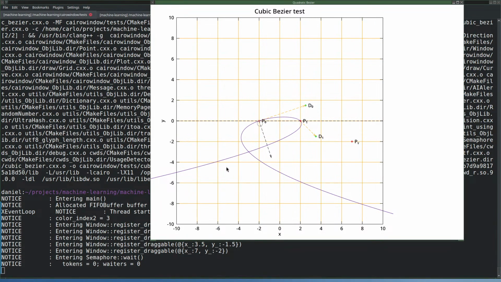Well, it looks like a very small circle. I would have expected something much larger. Very small circle.